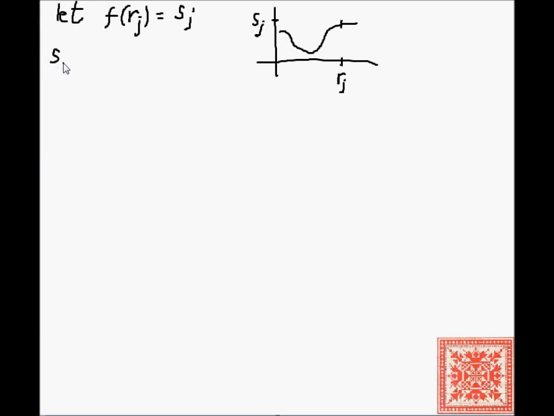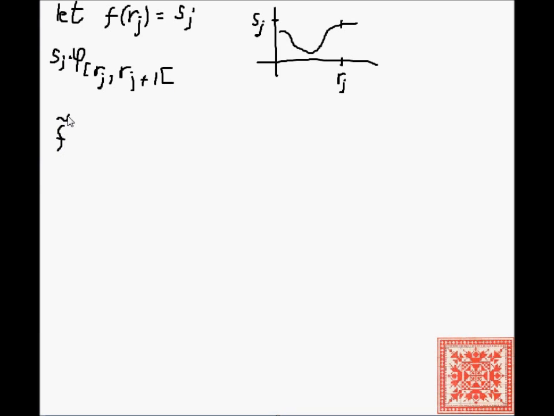Then to that sample point in our step function there corresponds the following value: s sub j times phi from r sub j included to r sub j plus 1 excluded. So we're scaling the step to be on that value.